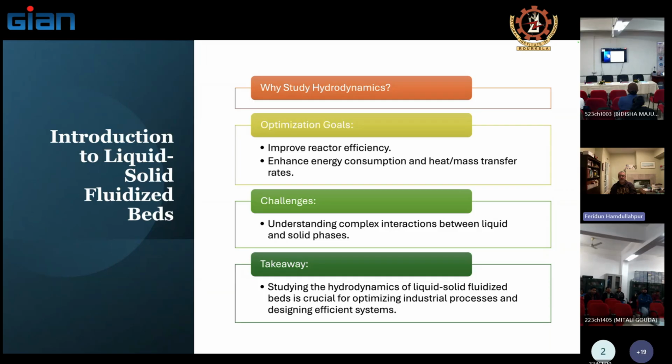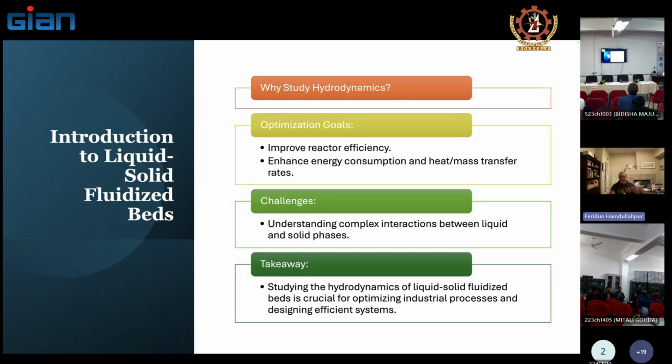It will improve reactor efficiency, and to operate these they demand energy, but if it is designed properly, then it will minimize energy consumption and enhance heat transfer and mass transfer rates.